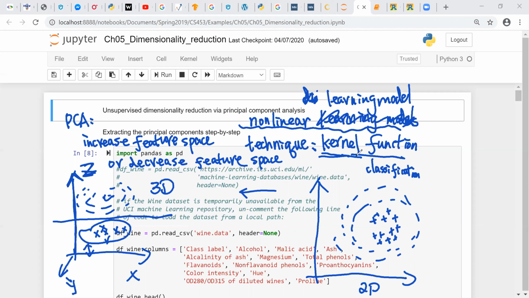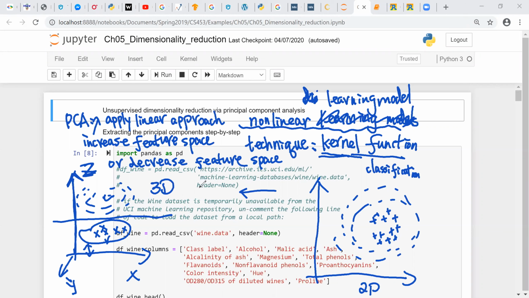So keep that in mind. It's to increase feature space, and the purpose is not to speed up calculation. Here the purpose is what? After you increase feature space, then you can apply linear approach. Otherwise, those linear approaches are not applicable.